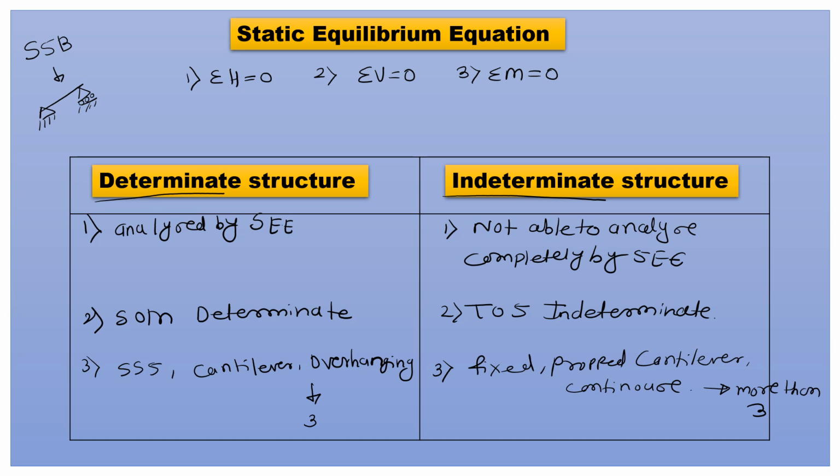If we take both supports as rollers, the structure is unstable, and if both are hinges, it is also unstable. There are rules for determining stable and unstable structures, which we will discuss in a further video.